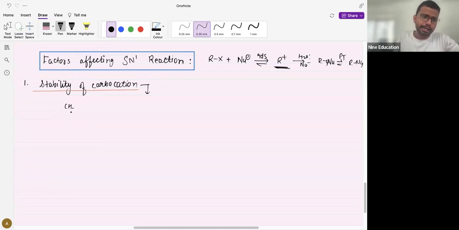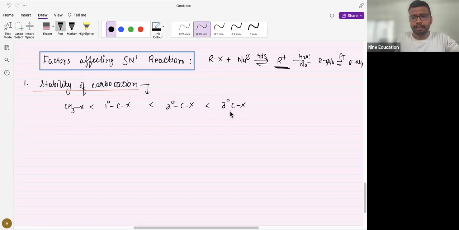You should know that if I have a 1 degree alkyl halide, a 2 degree alkyl halide, or a 3 degree alkyl halide, always remember 3 degree alkyl halides are more stable with respect to 1 degree, 2 degree and simple alkyl halides.